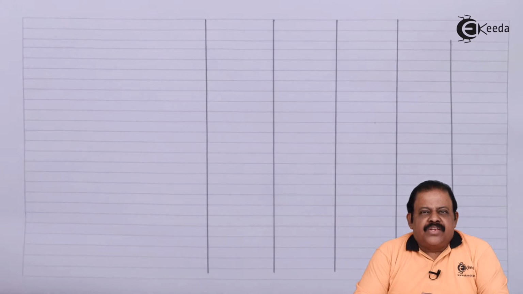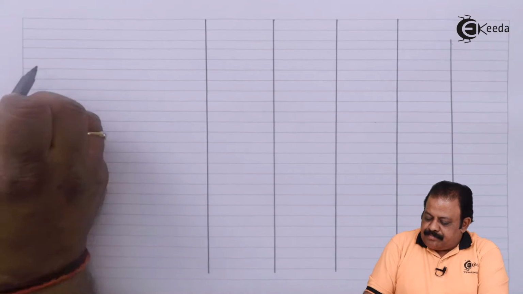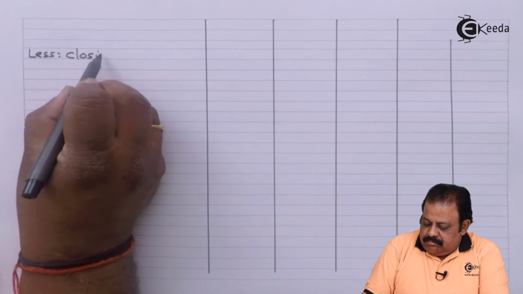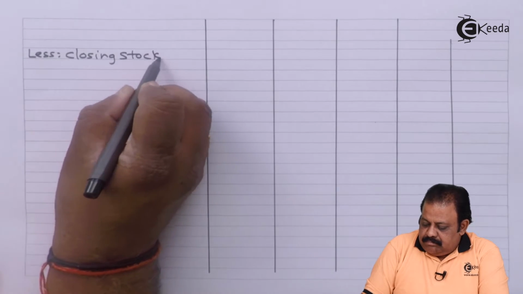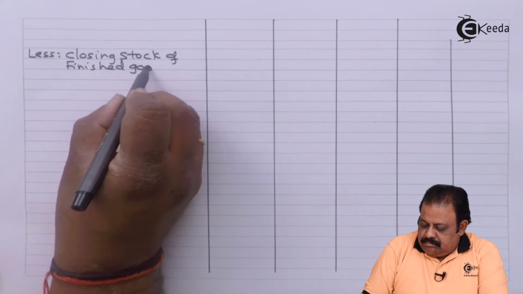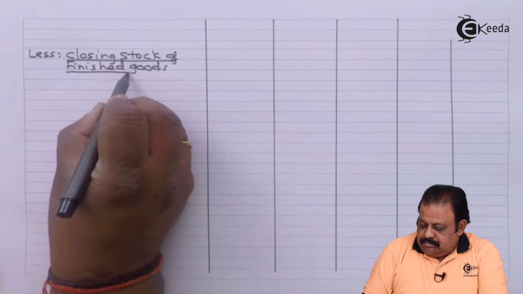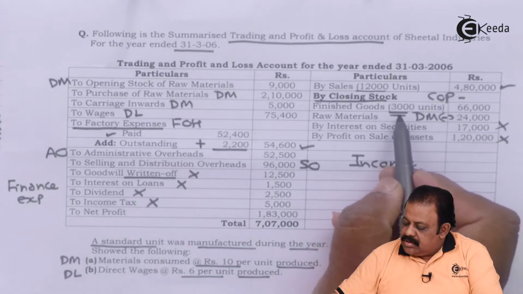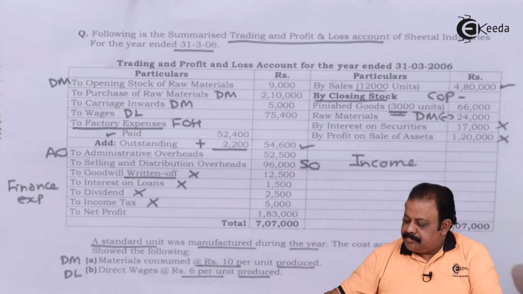There is no opening stock of finished goods. So we are required to deduct directly now the closing stock of finished goods from cost of production. Closing stock of finished goods is 3,000 units.